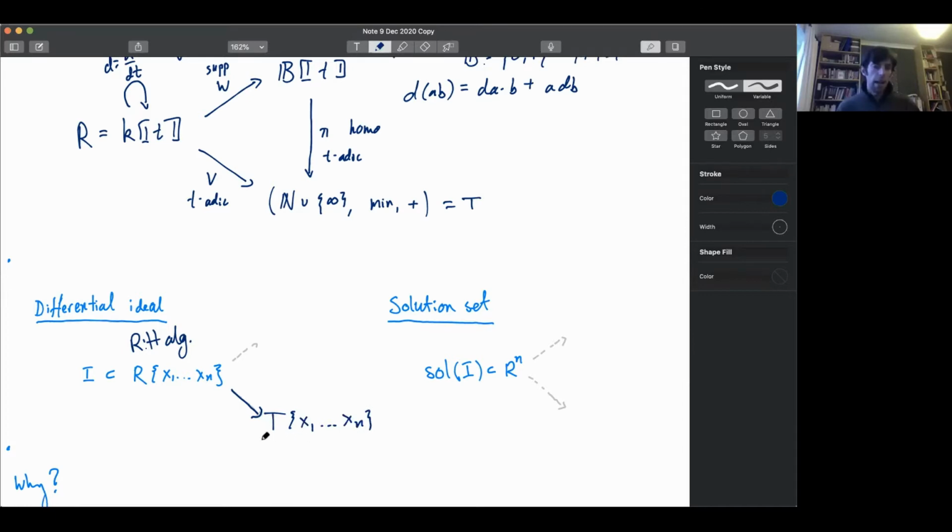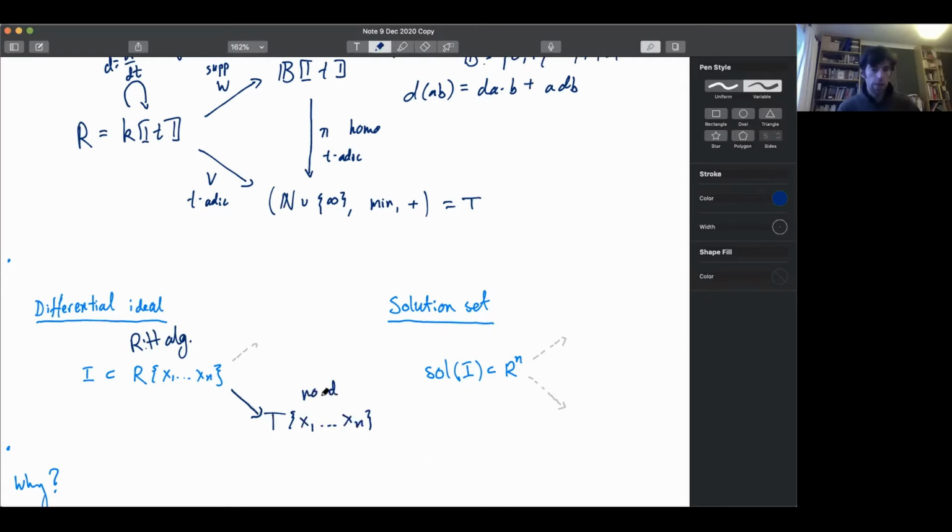And as an algebra over T, and T, remember now, is this idempotent semiring. As an algebra over T, this is the same as the RIT algebra. It's polynomials in these variables x1 through xn and their derivatives, but there's no differential here.